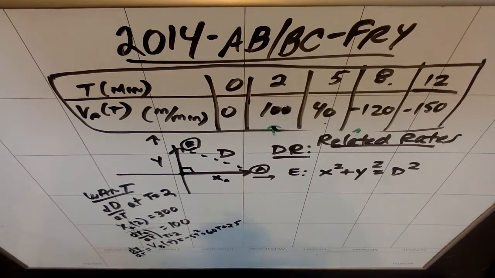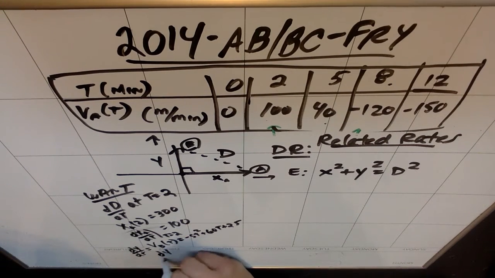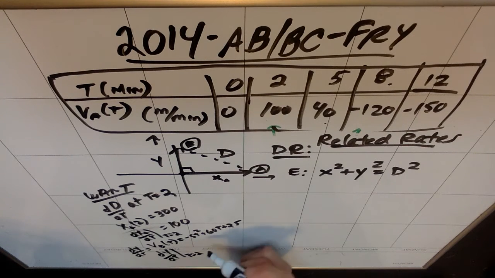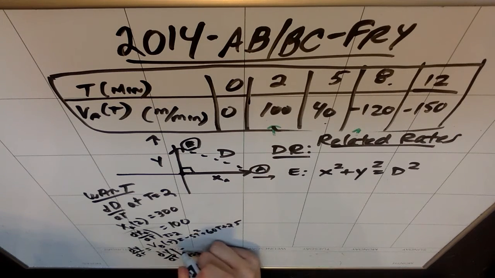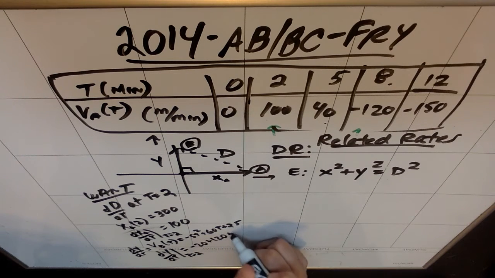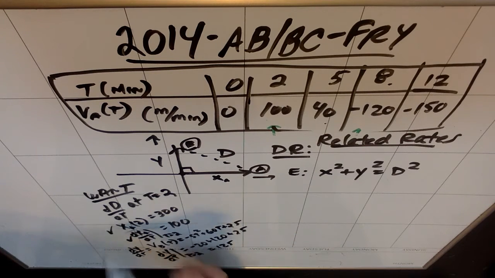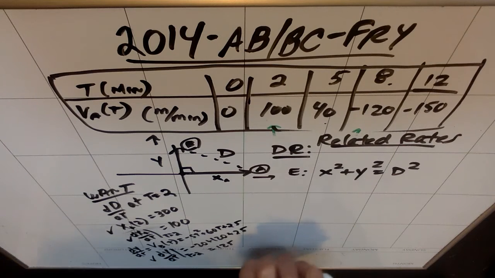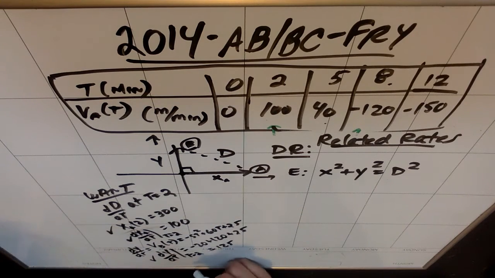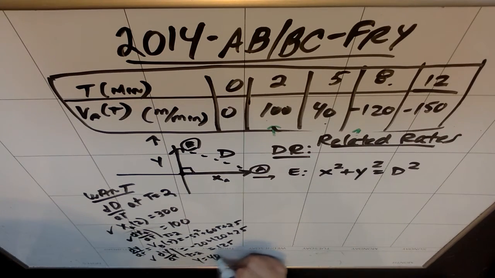So I could find dy/dt at the moment when t is 2 easily by just plugging in a 2. That would end up being negative 20 plus 120 plus 25, so that's 125. So I now know dy/dt. I know dx/dt, I know x, I know dy/dt, and I can find y, and we'll talk through that in a sec. They tell us that y at that moment is 400 meters north of the station.